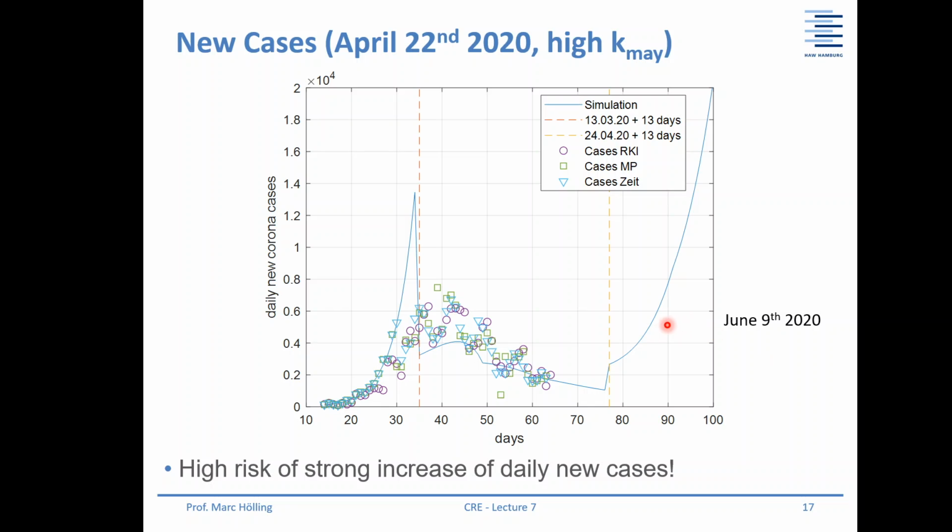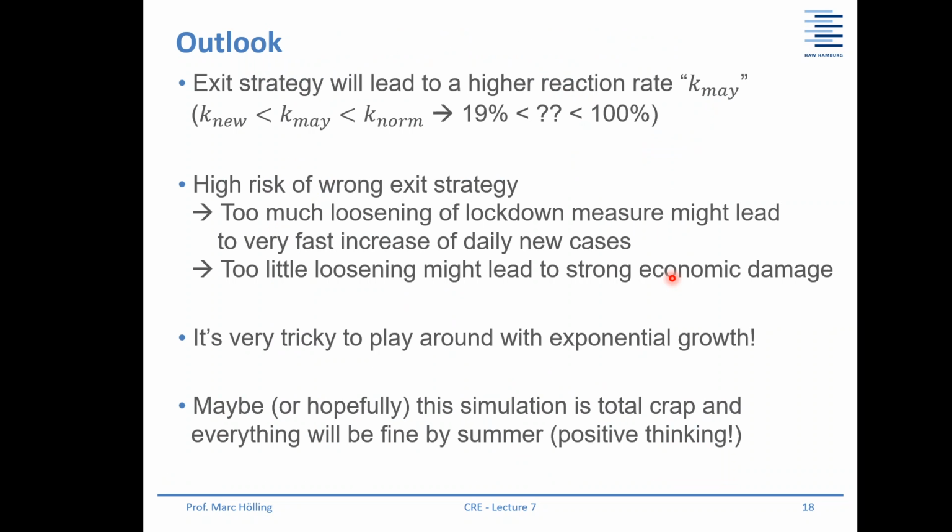If you end up here with this rate of 50%, then you can easily end up here, and then it's not that easy to control it again, because it takes like 14 days for the measures to become measurable.